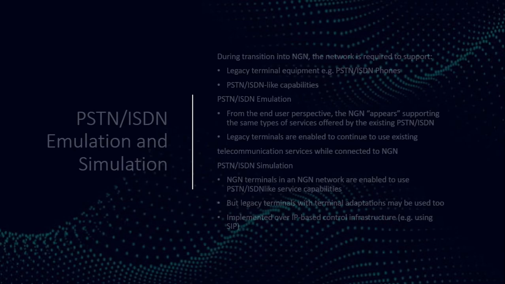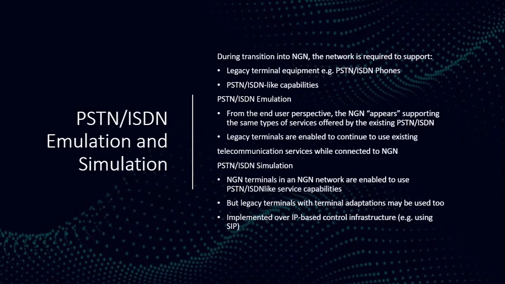For PSTN, ISDN emulation and simulation, during the transition into the NGN from the legacy network, the network is required to support the legacy terminal equipment such as the PSTN or ISDN phones, with PSTN ISDN-like capabilities. For the PSTN ISDN emulation, from the end-user perspective, the NGN appears to support the same types of services offered by the existing PSTN or ISDN.